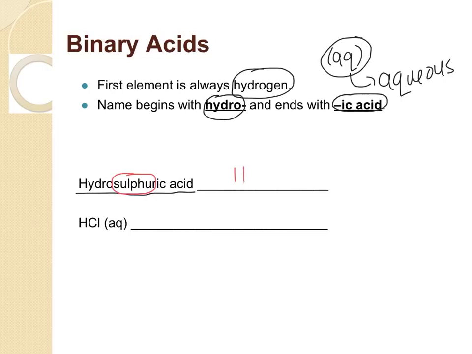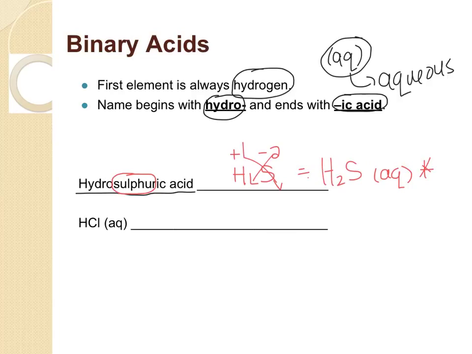So we're going to write our two atoms, hydrogen and sulfur. And then again, figuring out our valences, we've got +1 and -2. So if we crisscross those down, this becomes H2S. And then we have to put in the AQ state symbol afterwards. Okay, very important. I'm not going to give you full marks if you don't put in the AQ.